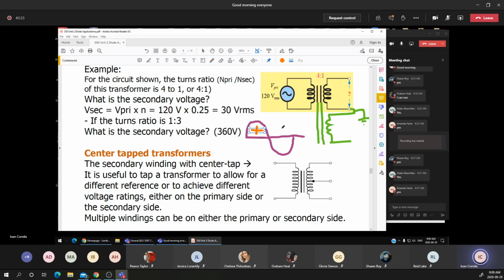I'm making the assumption that the positive half, or the first half, of the sine wave is applied to the primary winding. That means the positive is on the top and the negative is on the bottom. There is a notation called the dot notation. Probably I may use a different color to show you the dot notation.